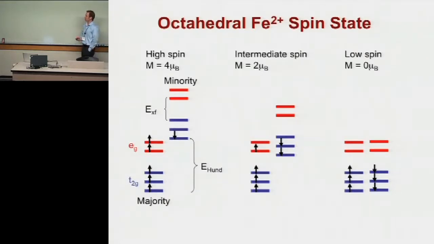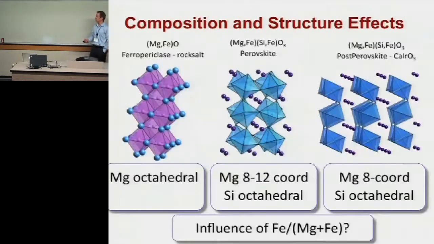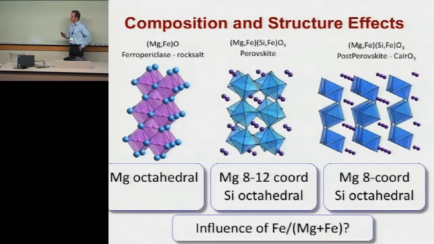I think we've heard a little bit about this: iron under high pressures in these different oxide phases can undergo transitions to different spin states. Our interest, and this is the alloy focus of the work that I do, was how composition and coupling to everything else might affect these spin transitions.